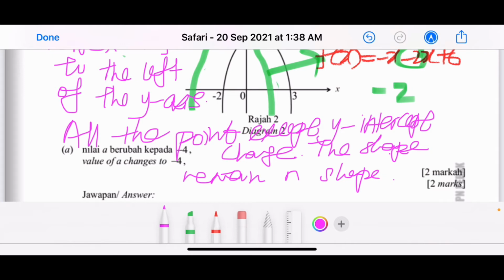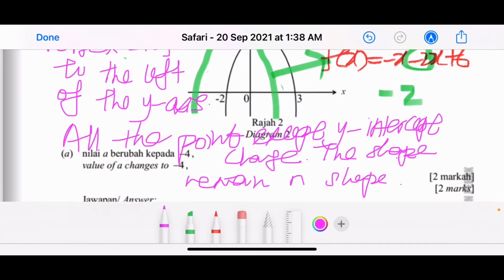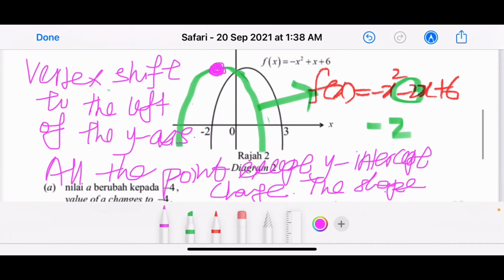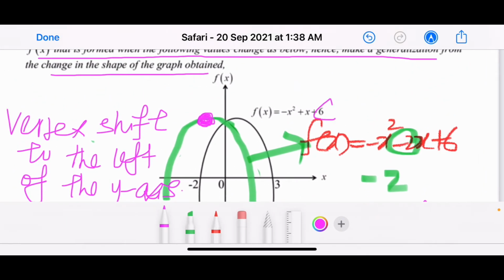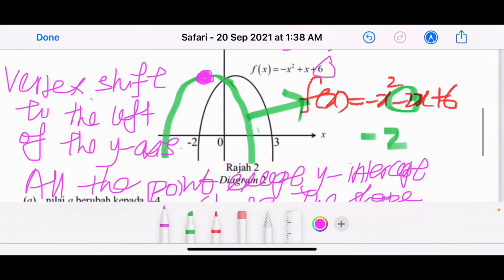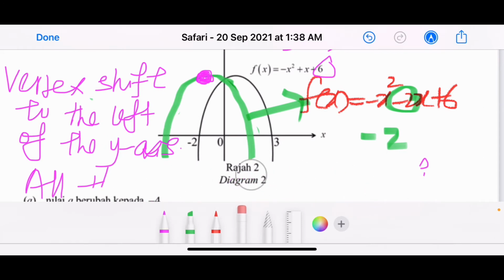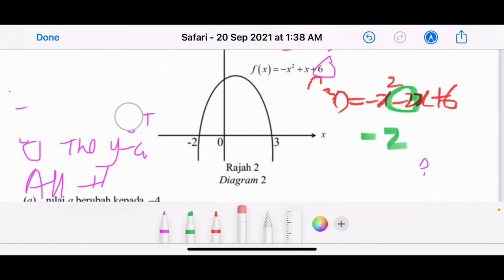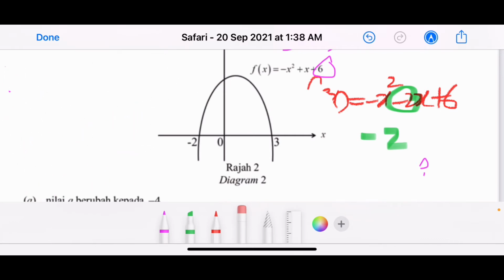If we change the graph by changing the value of c for part C, it changes to -3. So the function now will become f(x) equals -x squared plus x minus 3. Now the whole graph will shift down, and the y-intercept will be negative.